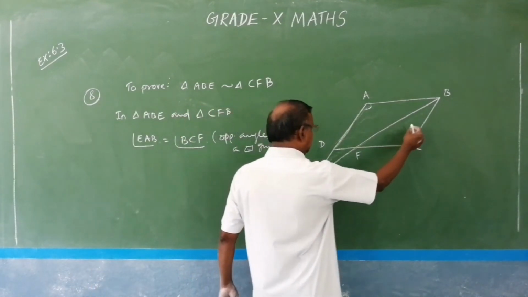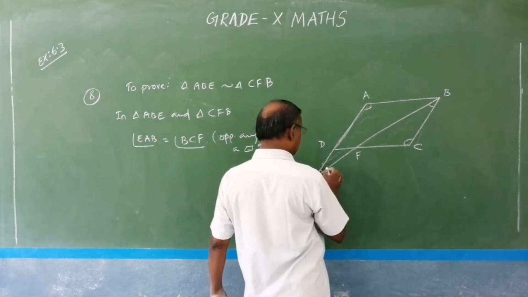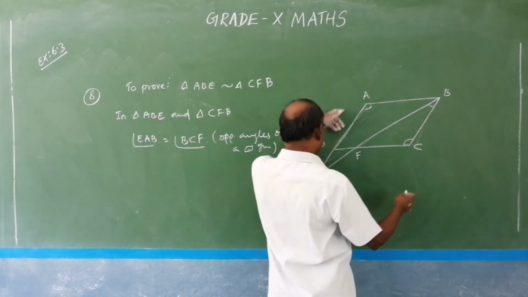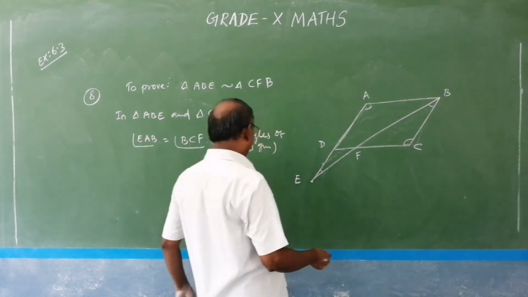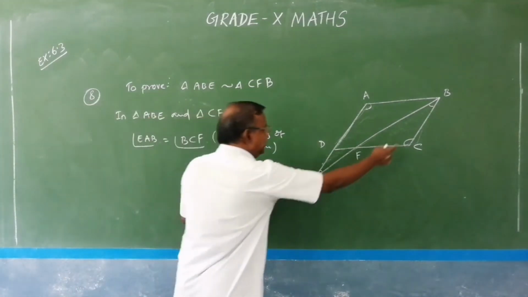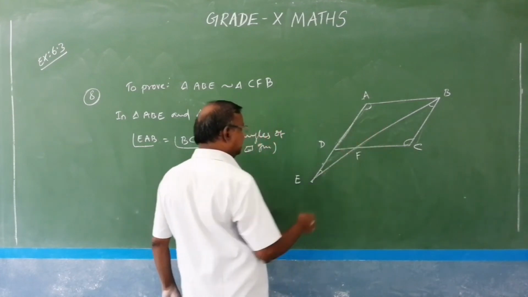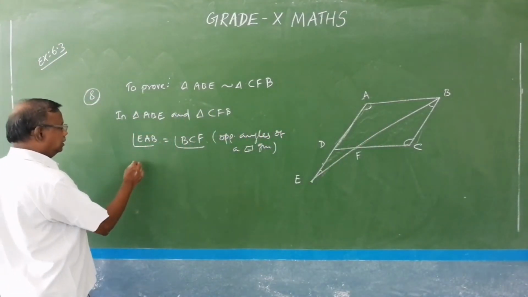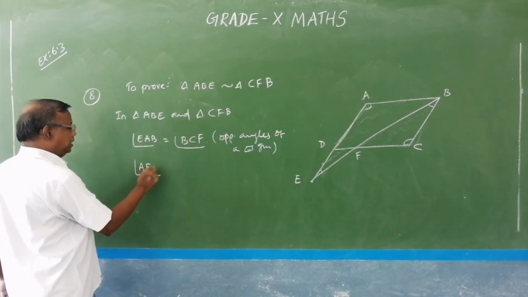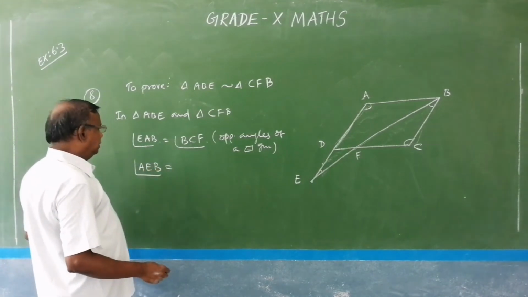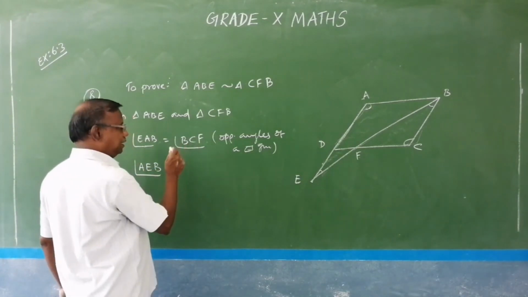And consider these two angles. AE and BC are parallel, BE is transversal, therefore angle AEB equal to angle CBF.